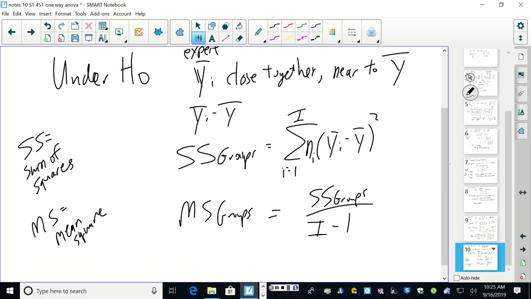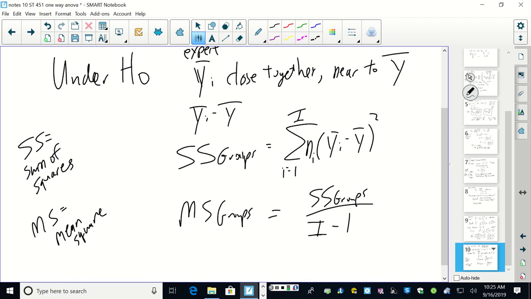For I groups, is this kind of average spread large? Well, we can compare this to the spread of just data values within groups. There's some natural variability. If it's random and there's really no difference, then the points are clumped together in different groups. So how spread out the y bar i's tend to be is influenced by how variable the data are and the sample size.